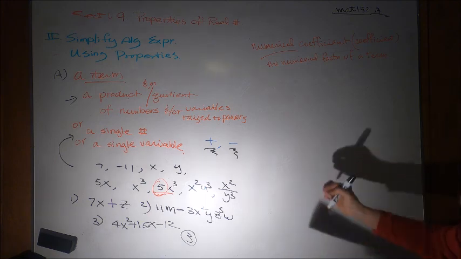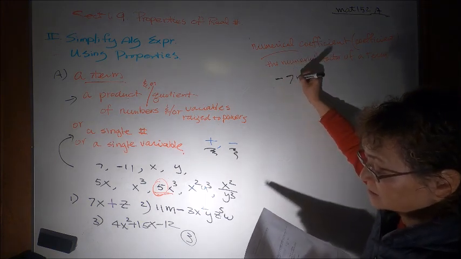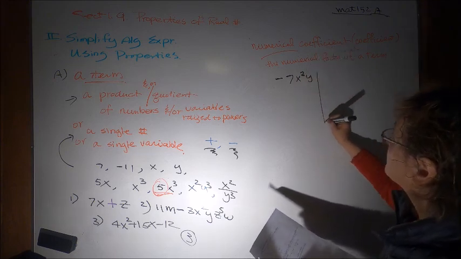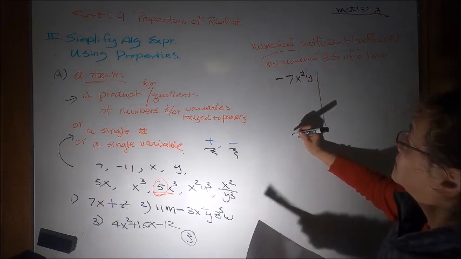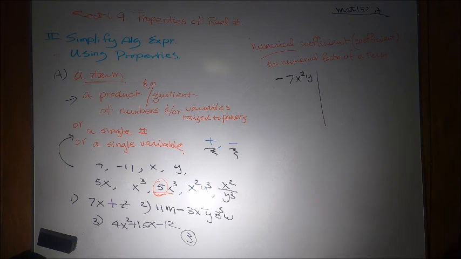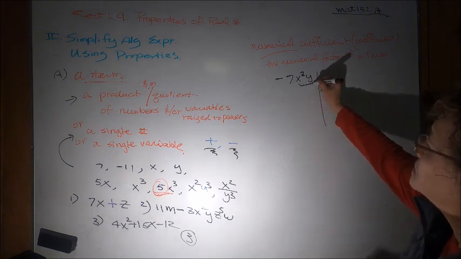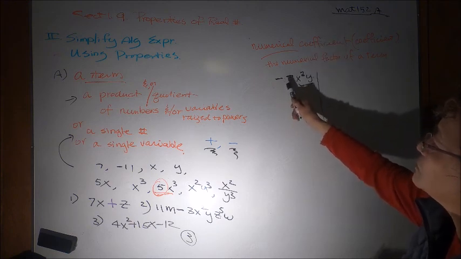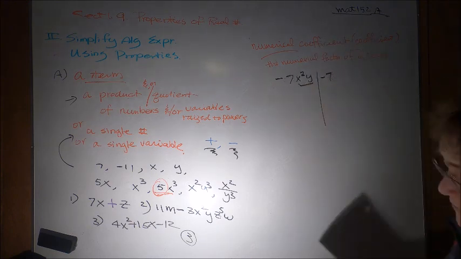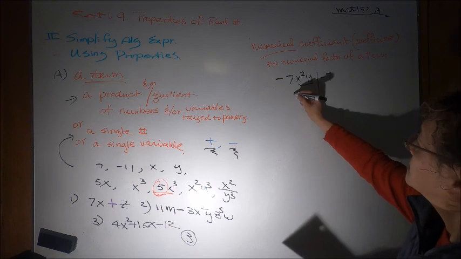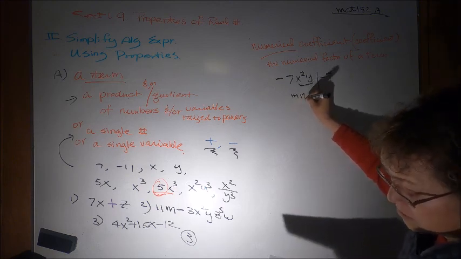Then we see how we are going to operate on them. Okay, we have this one, and what do you think your coefficient would be? So that's your variable. Coefficient is the number in front of it, -7, right? How about an n to the 3rd?